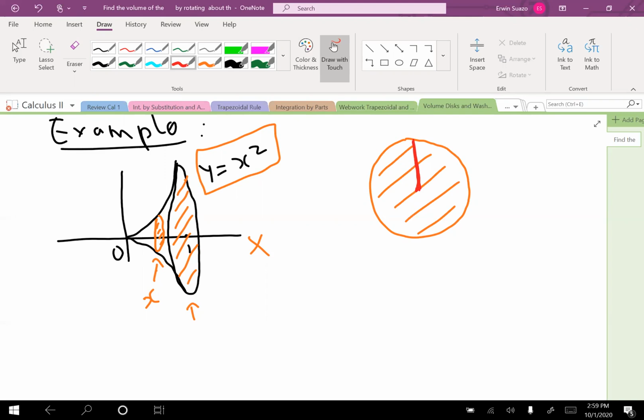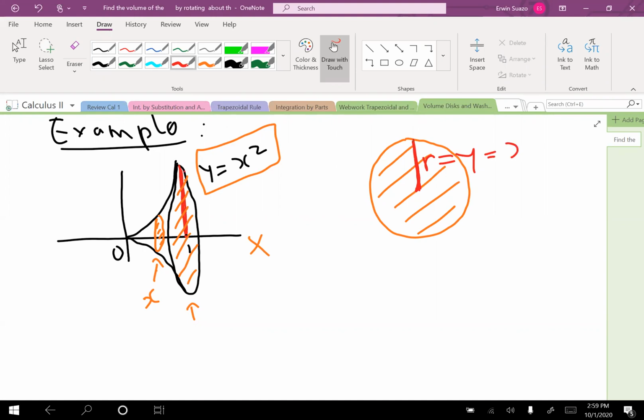You guys are quiet today. What is my radius? So this part is this part over here. Okay. So my radius is just y. You see? This is my original function, y.